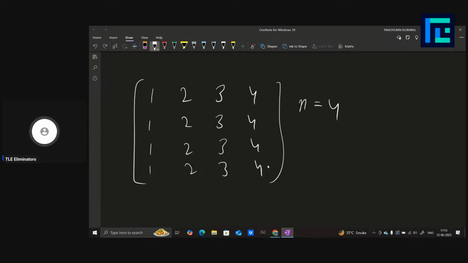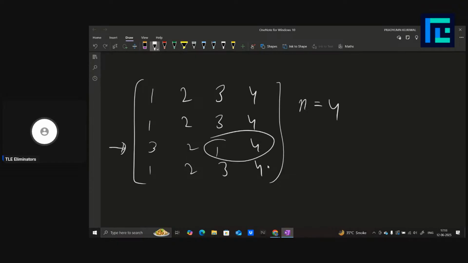And what we can do is select any row, select any subarray, and reverse it. Let's say I select this and reverse it, then it will become 3 2 1. Right? So that's what we can do. I can do something like 3 2 1 here, and then I can reverse this as well.